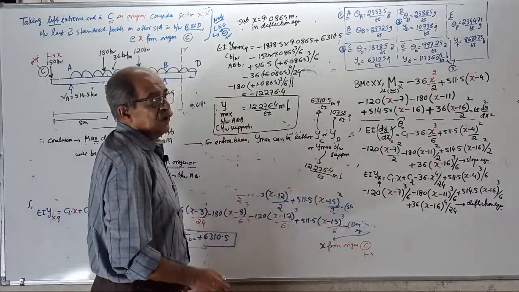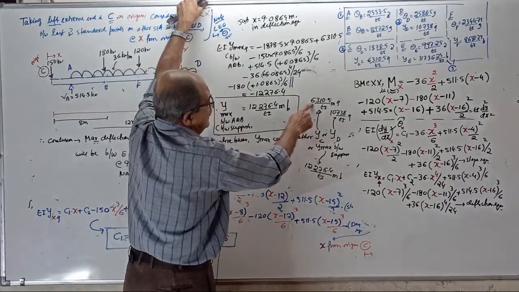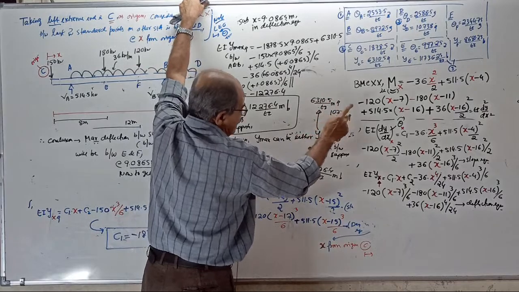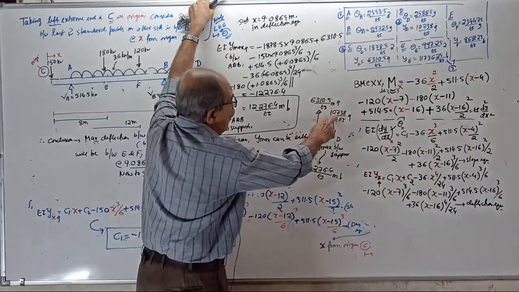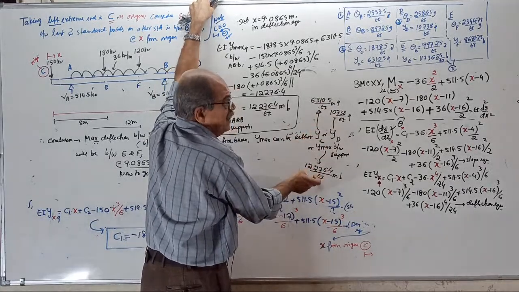Okay, now see, 6,300, 10,700, 12,000, not much difference. If this comes little more, then that will be more than this value.